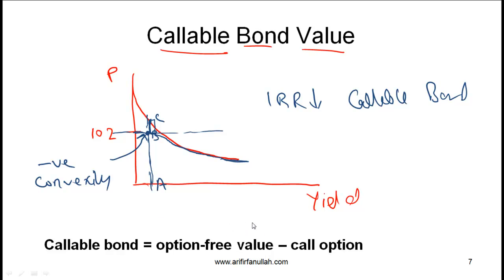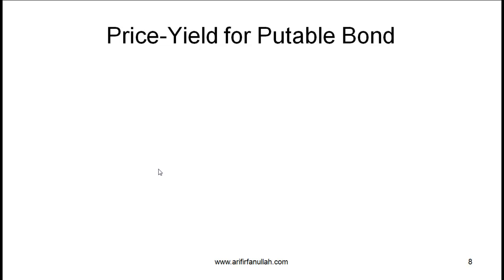So you can see that the option-free value is the distance AC, the call option is the distance BC, and the value of the callable bond is AB. Okay, this might bring back memories of geometry, but I hope it illustrates the point.